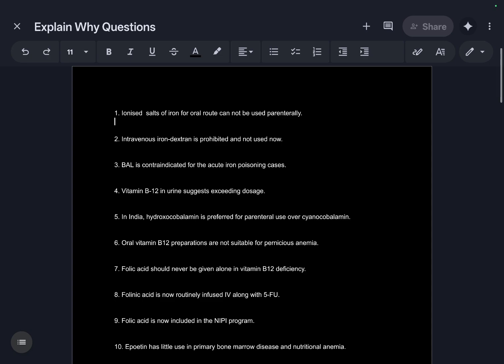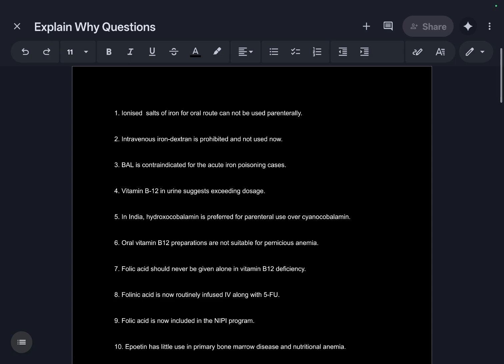Question number 7: folic acid should never be given alone in vitamin B12 deficiency. In vitamin B12 deficiency, we know there is megaloblastic anemia, and there could be subacute combined degeneration of the spinal cord, that's neurological damage. If folic acid is administered alone, it corrects the DNA synthesis block in the bone marrow, but it cannot correct the underlying vitamin B12 deficiency.